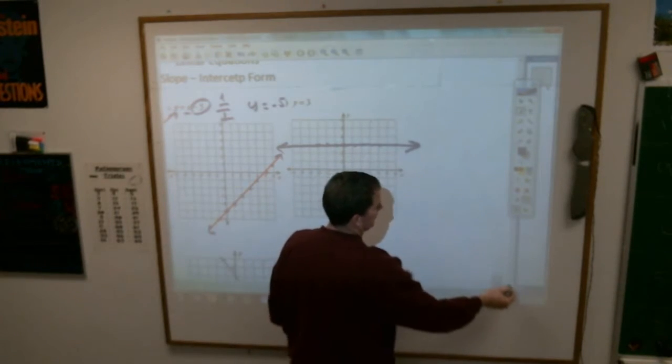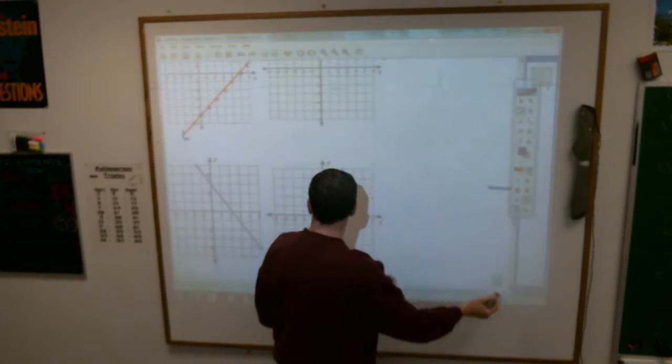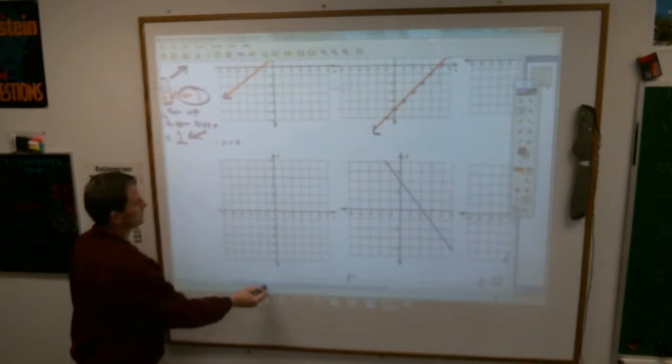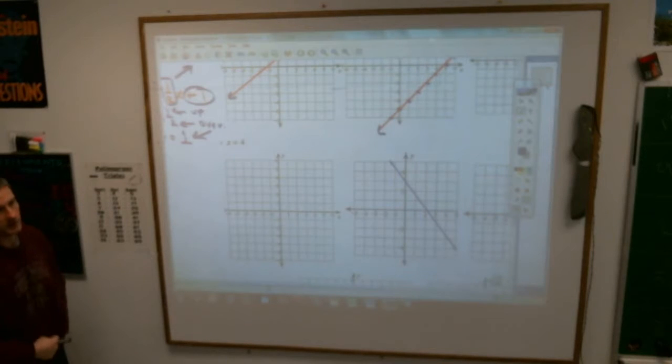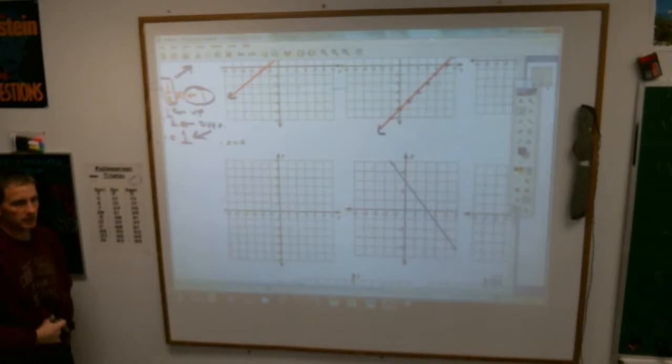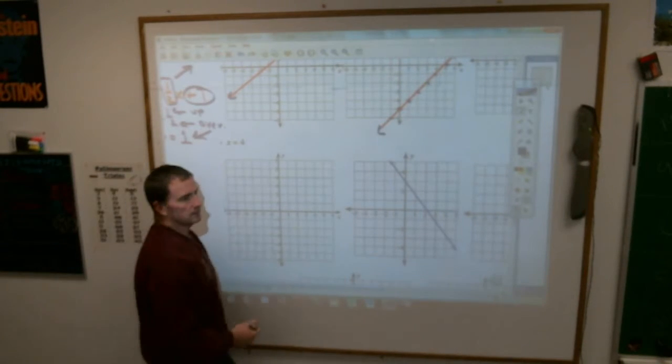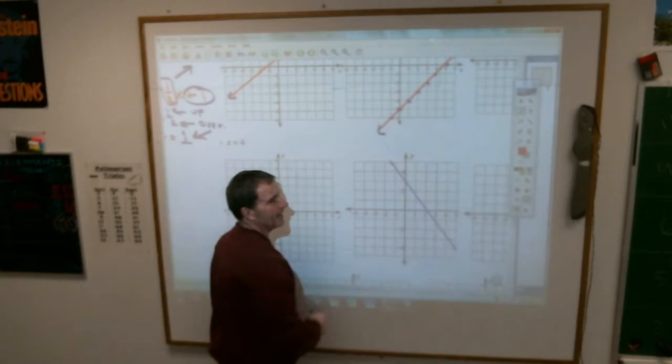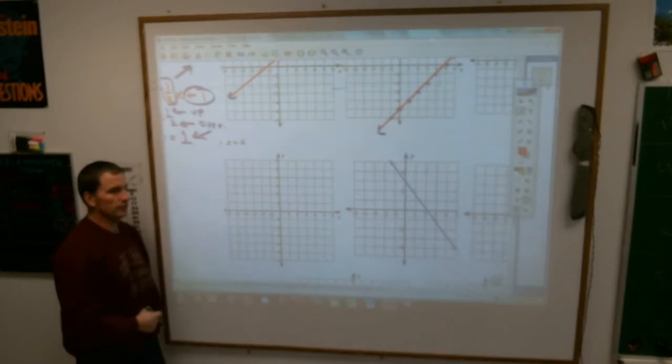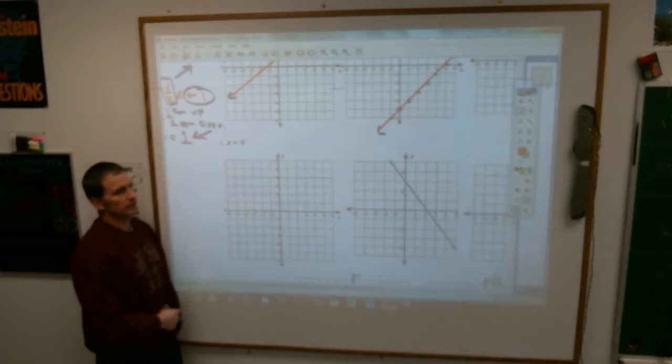Just like the next one there, which is x equals. If x equals 4, horizontal or vertical? If it's x equals, there's no y, horizontal or vertical. Give you a clue, it's not the one we just did, so you don't have many choices left.